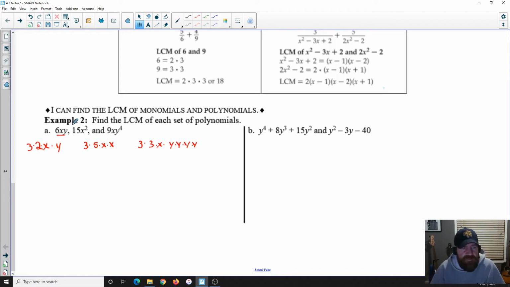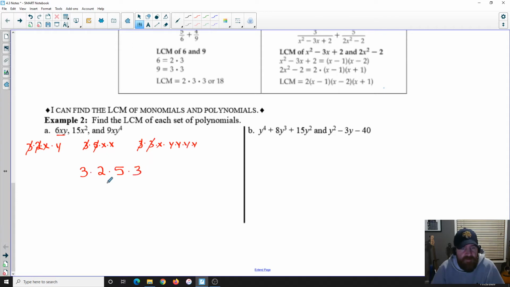And then when we come up with the least common multiple, what we're going to do is look for something that shows up in all of them. So we have a 3 that shows up in all of them, so we're going to write that one time. And then a 2, we're going to write that because it doesn't appear in all of them. A 5, and then this other 3 here.